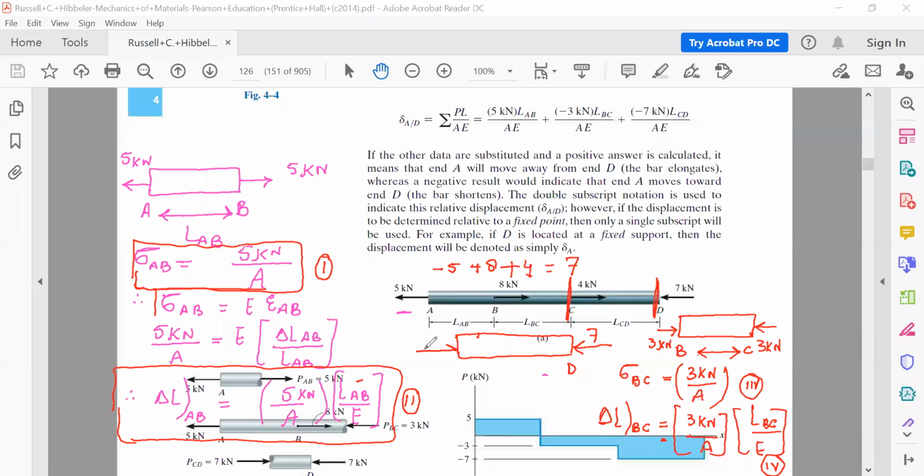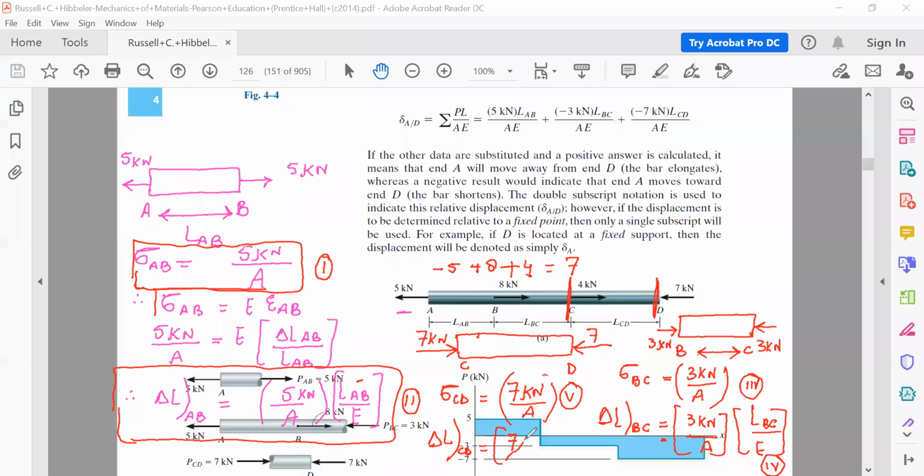Positive means this 7 kilonewton is acting in this direction here at end C. Therefore, we can write stress in the section CD is equal to the load, that is 7 kilonewton, divided by the area, that is A. Okay, I will call this equation 5. And we can directly write the change in length in the section CD is equal to 7 kilonewton divided by the area.